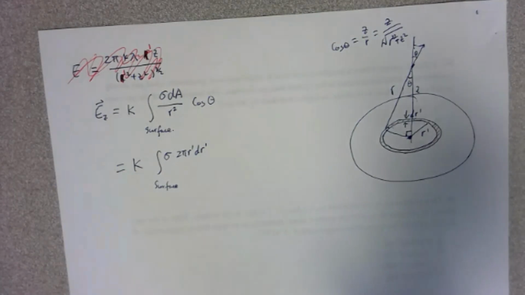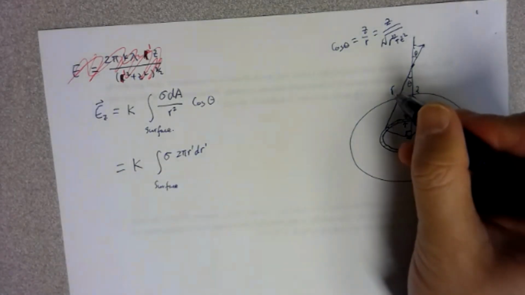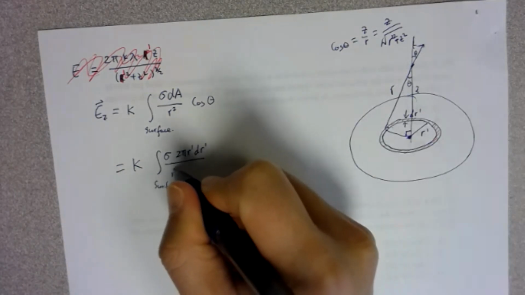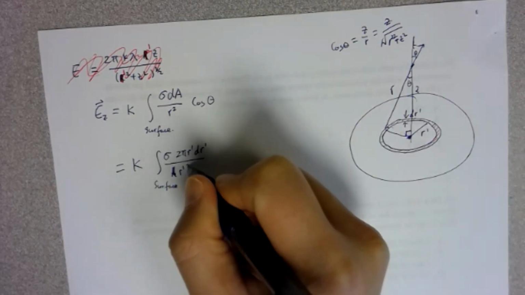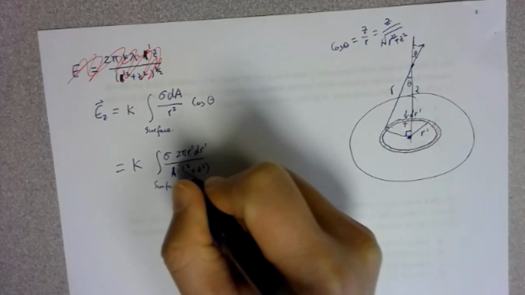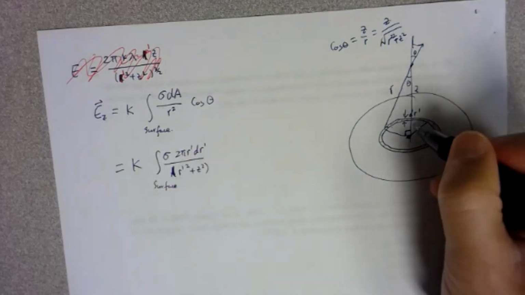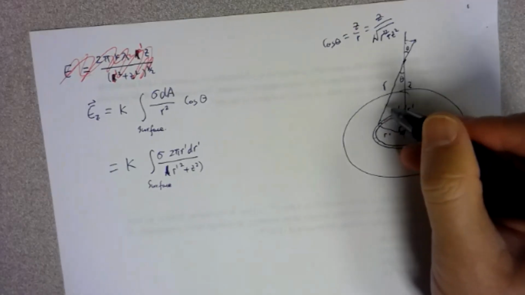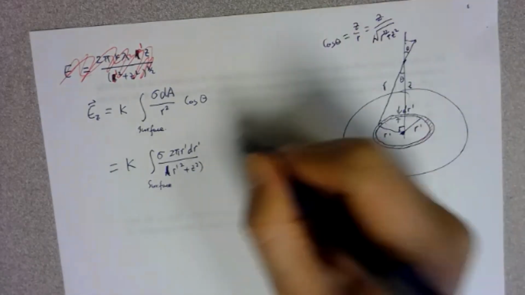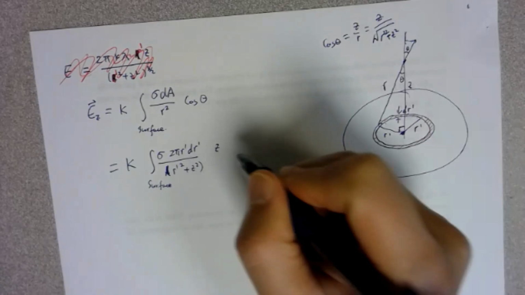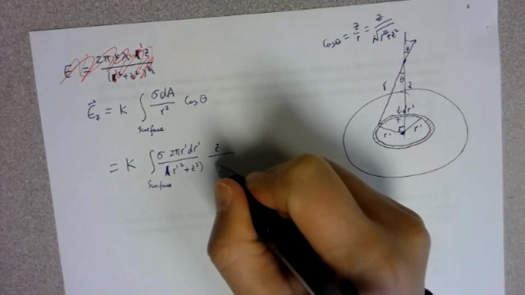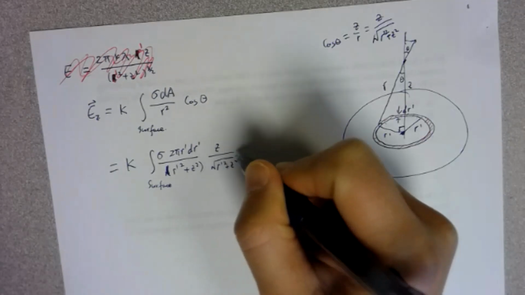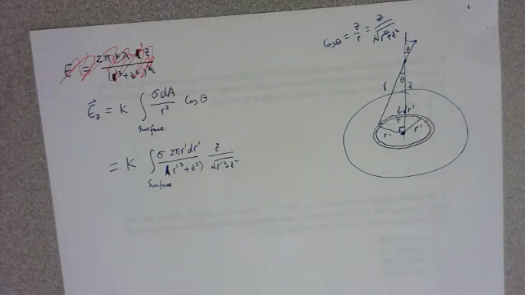Then over r squared, which is r prime squared plus z squared, and then cosine of theta is z over the square root of r prime squared plus z squared.